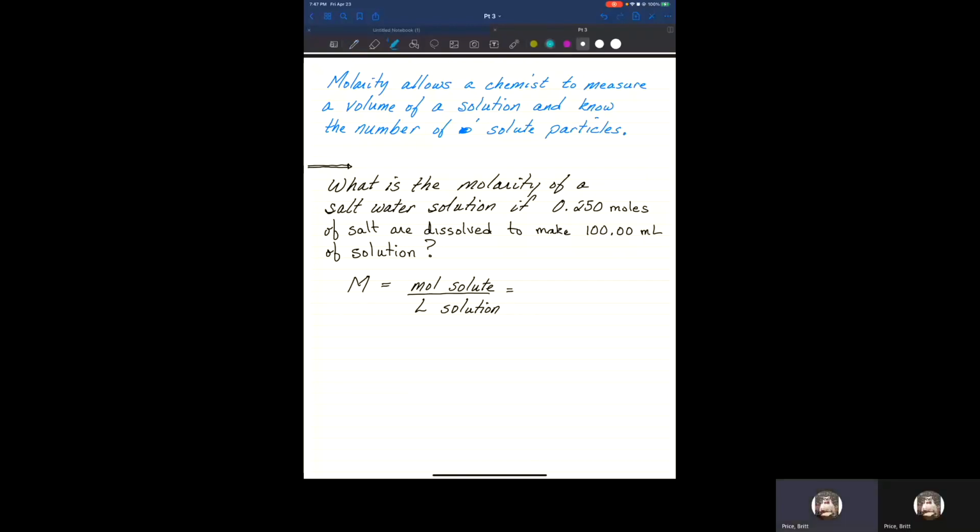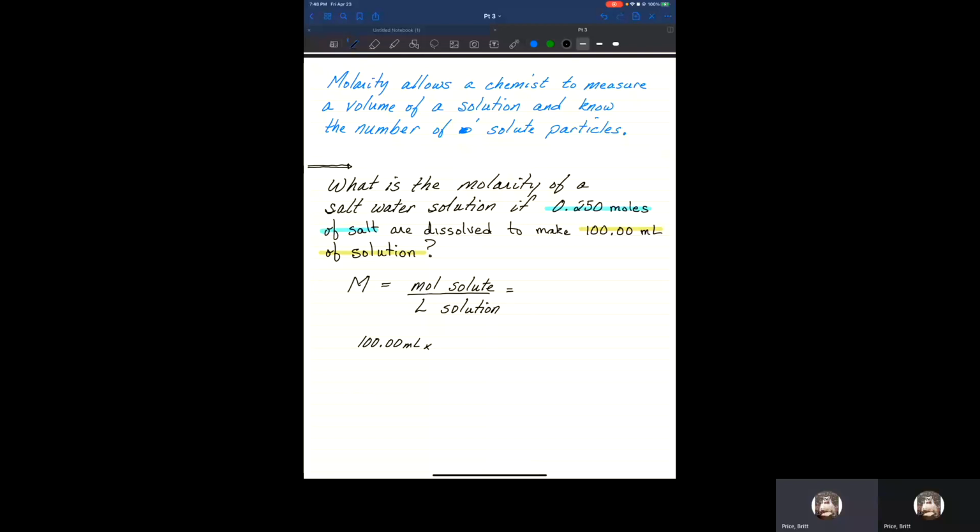Taking a peek at this question, what is the molarity of a solution if 0.250 moles of salt are dissolved to make 100 milliliters of solution? One of the things that you will want to become adept at doing is a very rapid conversion between liters and milliliters and back. 100.00 milliliters.